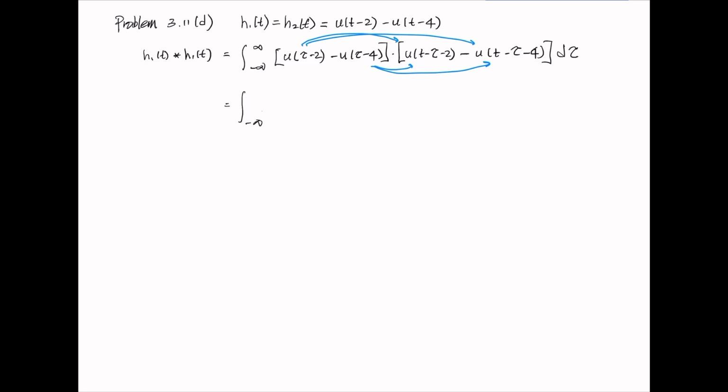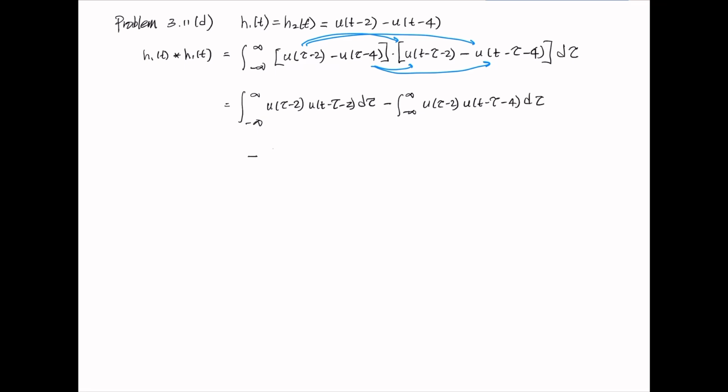Integral negative infinity to positive infinity u of tau minus 2 times u of t minus tau minus 2 d tau. That's the first one. Second one, minus the integral negative infinity to positive infinity u of tau minus 2 times u of t minus tau minus 4.